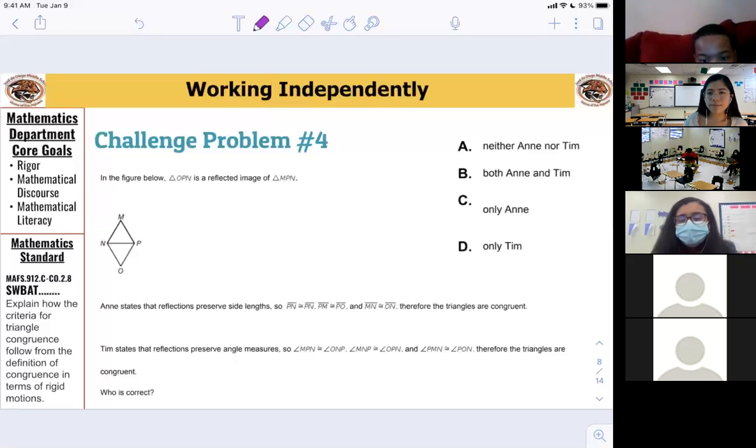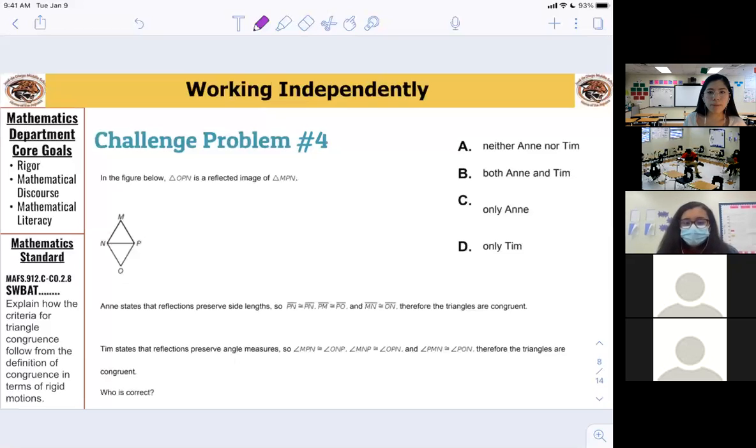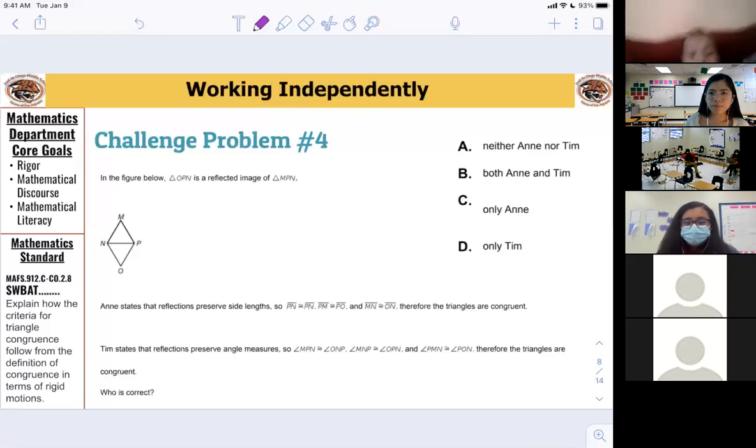I think both of them. Yeah, we think both of them are. You guys think both? Does anybody else want to chime in and maybe agree or disagree? Do we all agree that it's going to be B? Because I've only heard from 3 students, and I have 9 people in the room, so I just want to make sure.